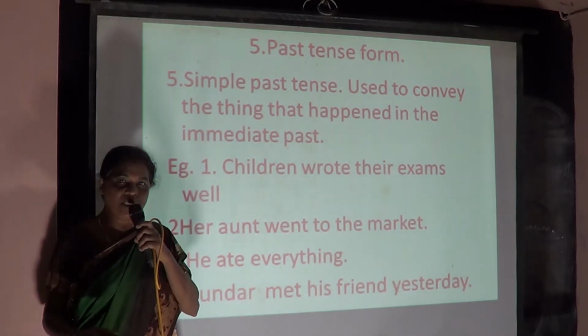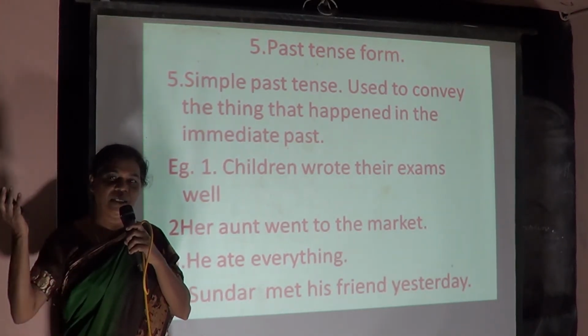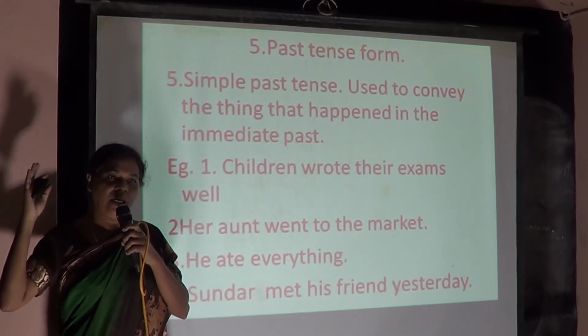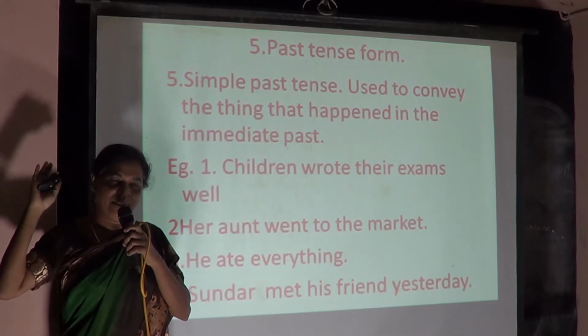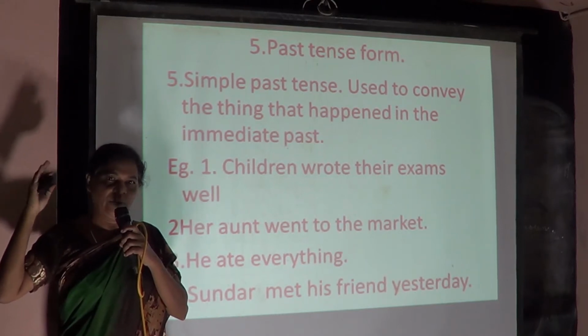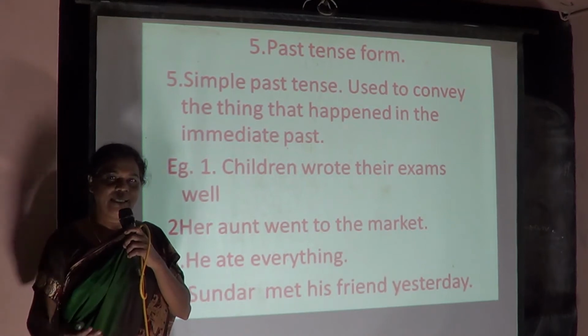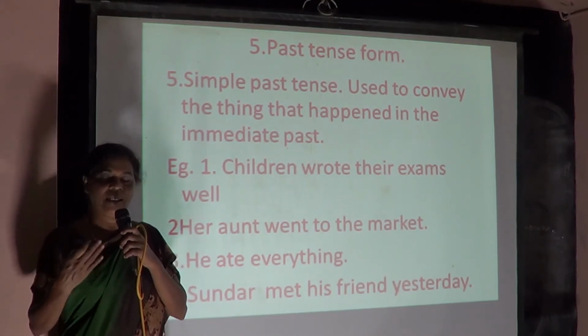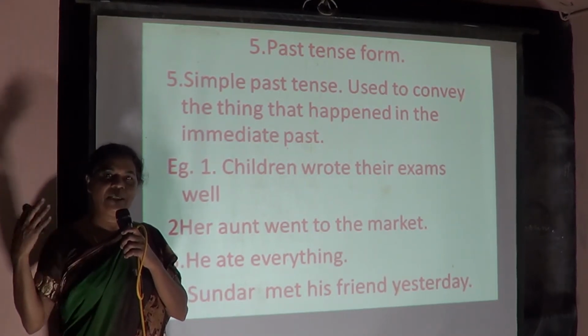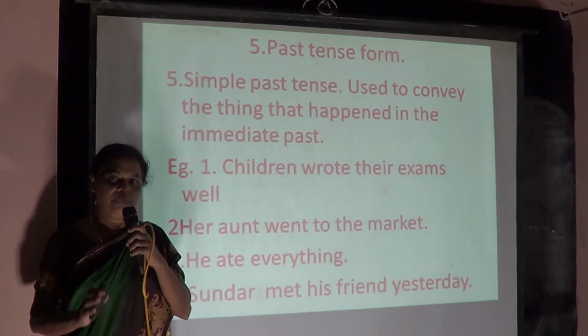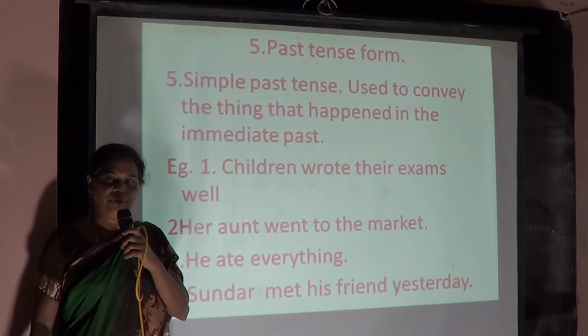When we talk about the immediate past, it may be this morning, or yesterday evening, or yesterday, not so long before. So that kind of verbs which convey the sense that something happened in the immediate past is called the simple past tense form.